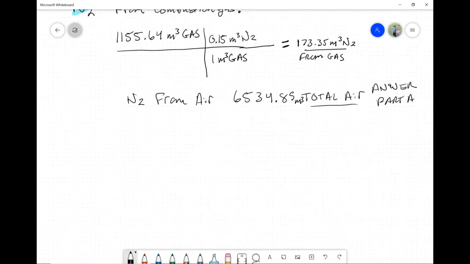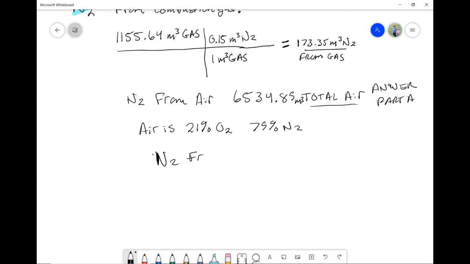All right, so we can multiply this times 0.79 because air is 21% O2 and 79% N2.